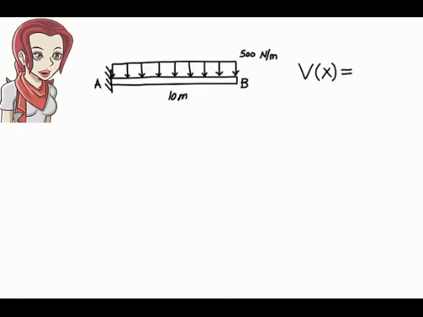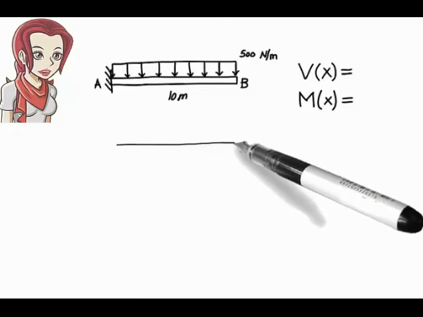I also want to write a similar equation for bending moment in the beam, which can be used to calculate internal bending moment at a desired point. In other words, I'm interested in representing shear and moment in the beam algebraically. To do this, let's find the support reactions. Here is the free body diagram of the beam.